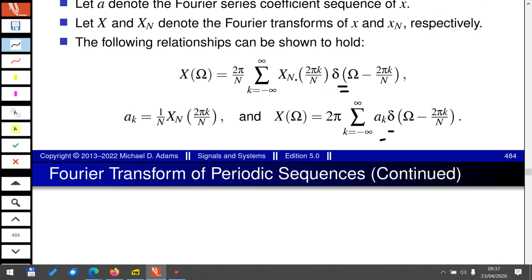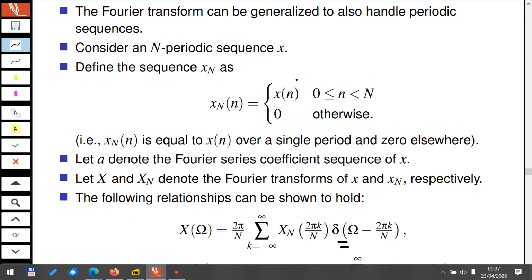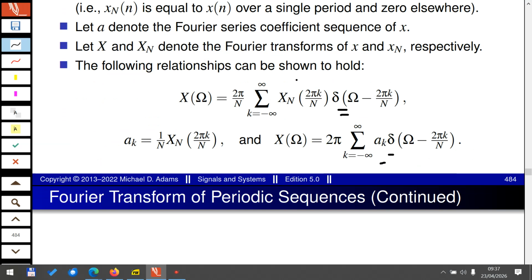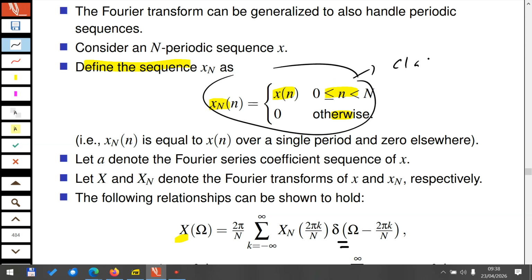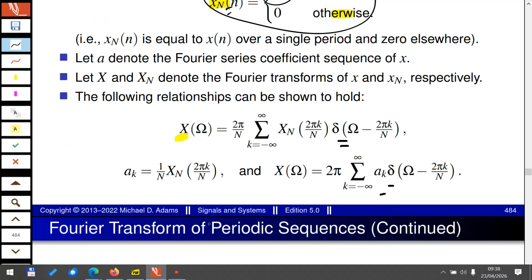So this slide explains how to handle it. If you have a periodic sequence, you just take one period. You define a new sequence from the periodic one, defined only over one period, and this is now manageable. For this, you can have the classical discrete time Fourier transform, and to recover the original from this one period, you will need to shift and multiply by delta, shift and multiply by delta, right?